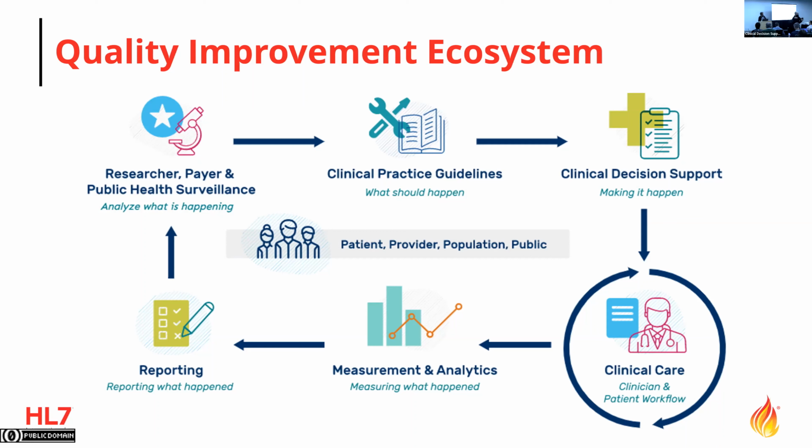It starts with research, where we try to identify and analyze what's happening, synthesize that research into best practices to determine what should happen, and try to make that happen however we can using clinical decision support, ideally impacting clinician and patient workflows positively. Then we measure what happens in measurement and analytics, and finally report on that. Ideally that forms a continuous improvement cycle.